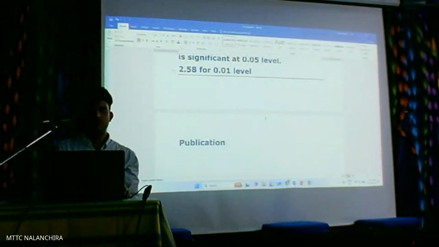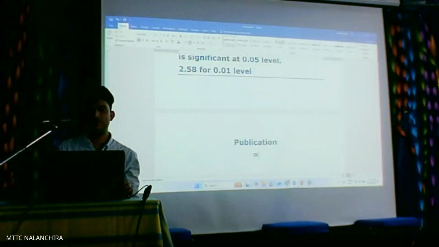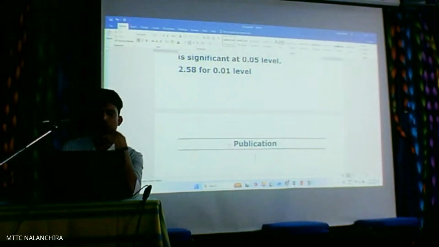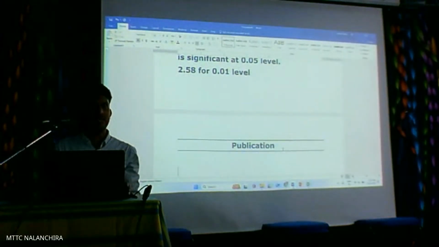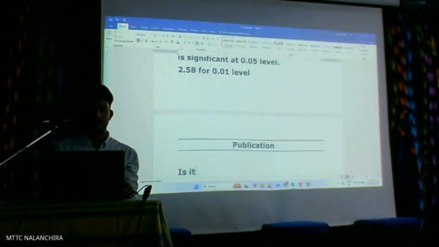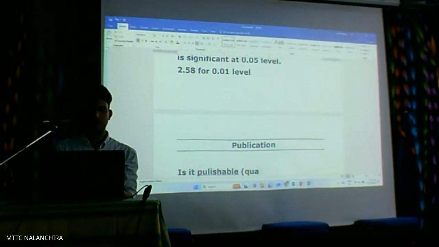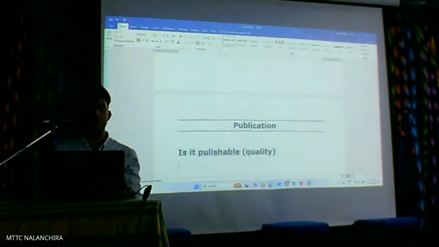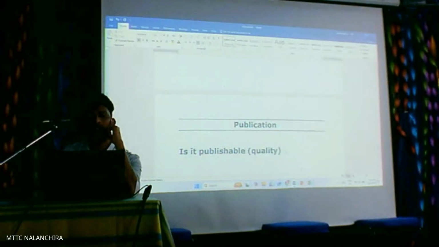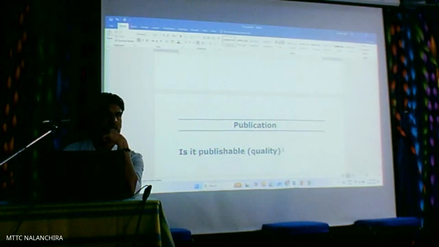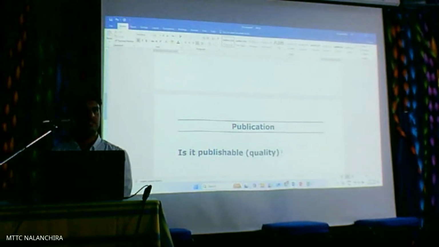Now see, when you go for a publication, there are certain criteria you have to look into. How do we publish? What are the things you have to look into? The main thing is, is it publishable? You have to check the quality first. I am not talking about publications generally published from many of the Indian peer-reviewed journals.